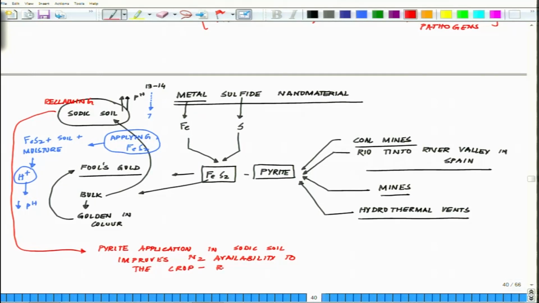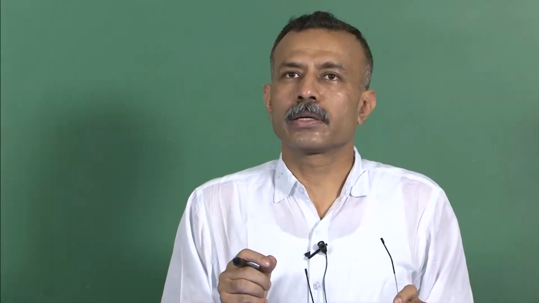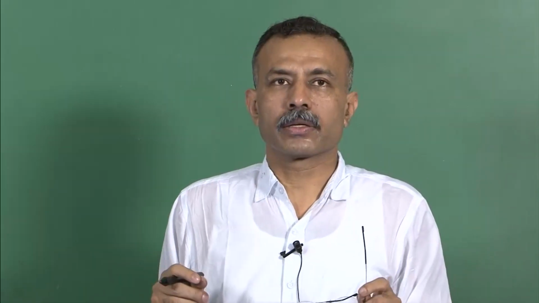Especially this has been observed in the rice crop. But the challenge of using pyrite is that pyrite brings down the pH. So, a normal soil can become acidic, or will become acidic, or is destined to become acidic if you use bulk pyrite in the soil.